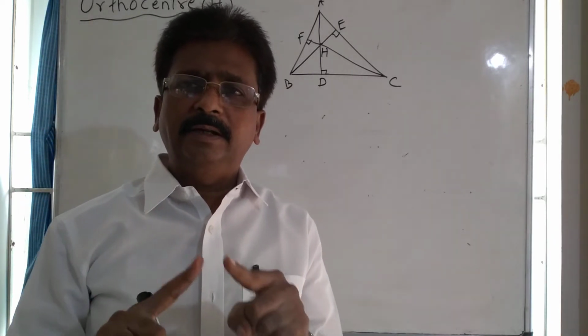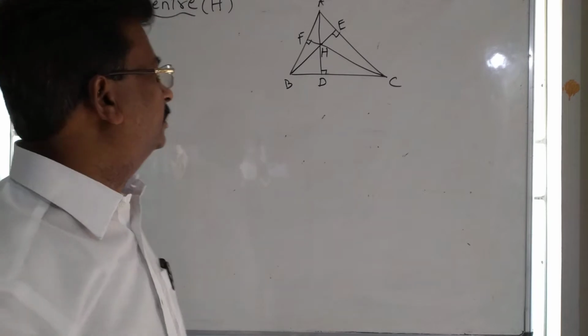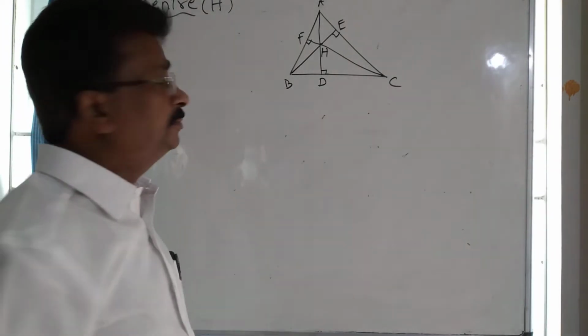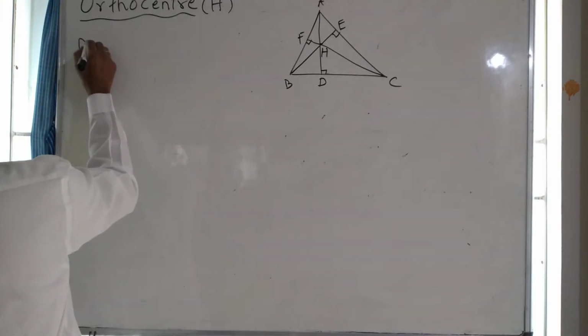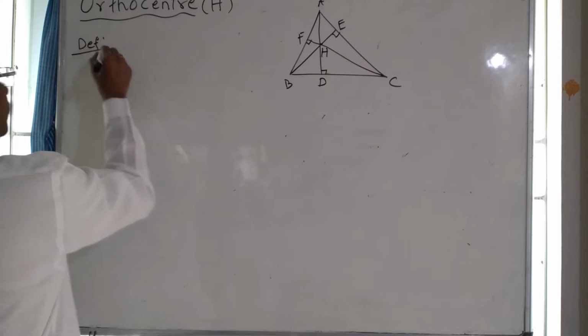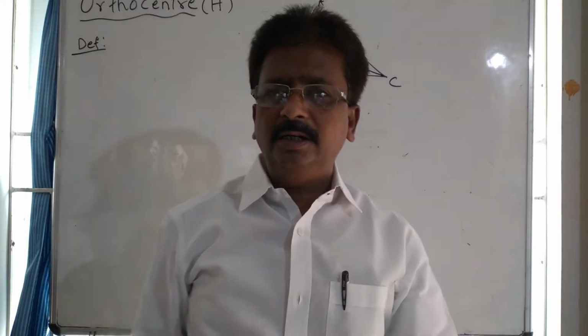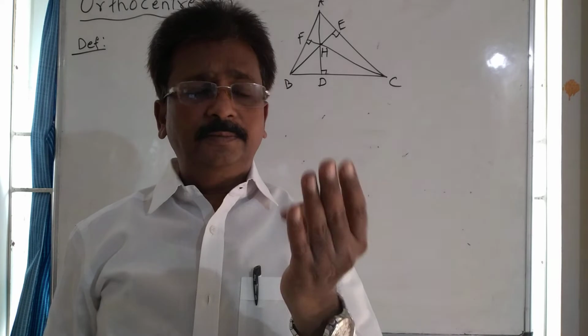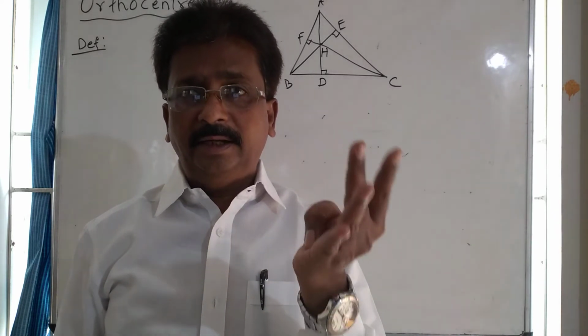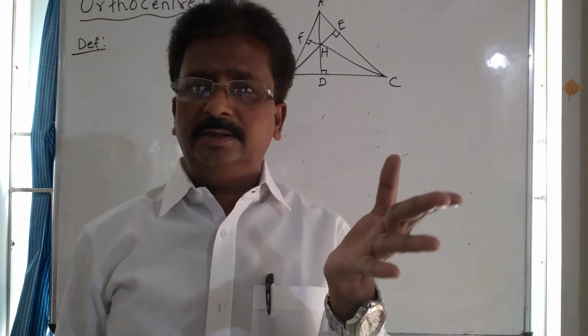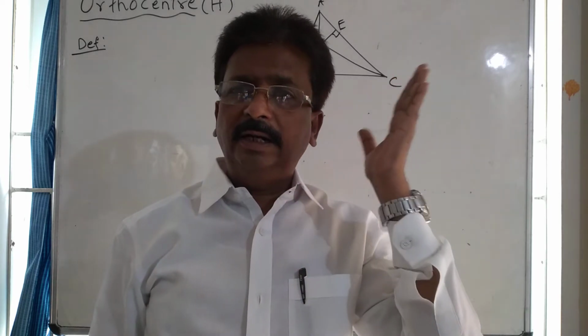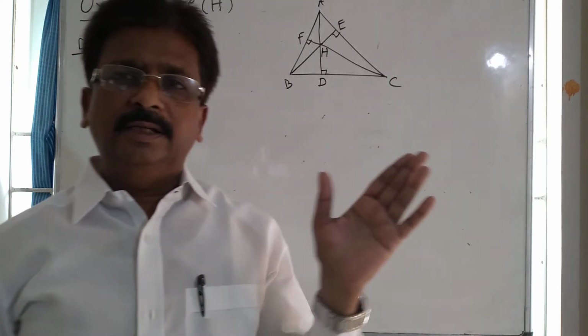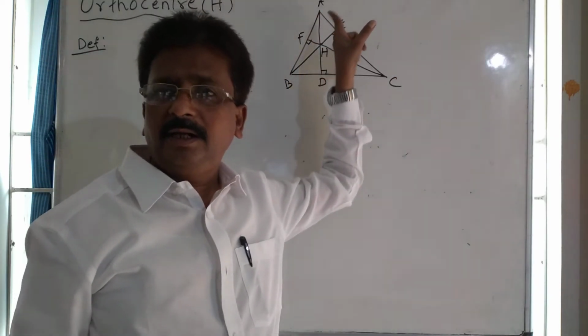Ortho means perpendicular, in other words. Okay, so I will give the definition. Now this point is not related with the circle. Circumcenter is defined according to the circle also. Now it is not related with the circle, it is just the concurrent point of the three altitudes.